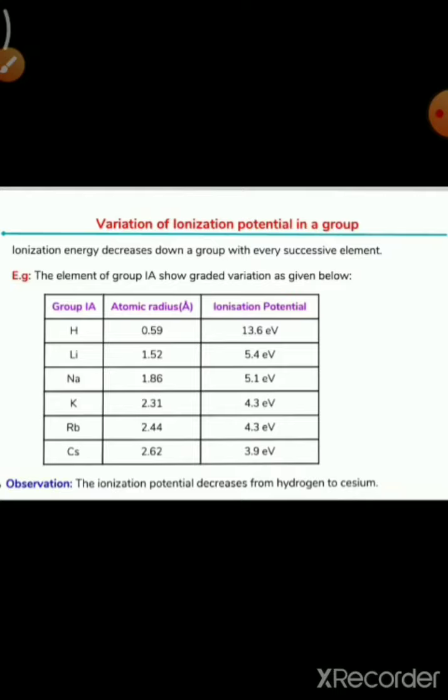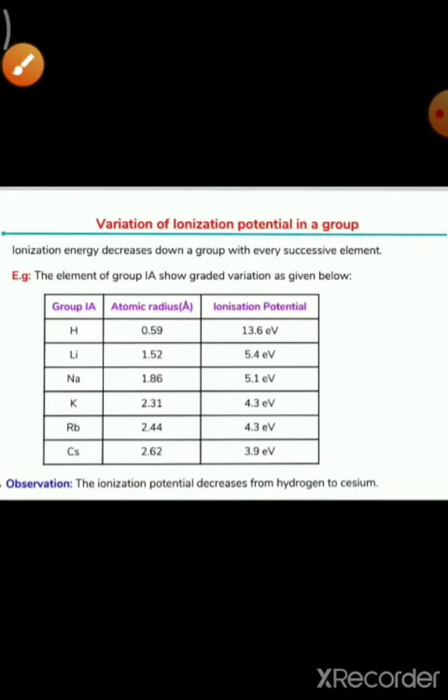So less energy is required to remove the valence electron from the outermost orbit. That's why your ionization potential decreases down a group. So here you can see the atomic radius and their ionization potential. Okay.